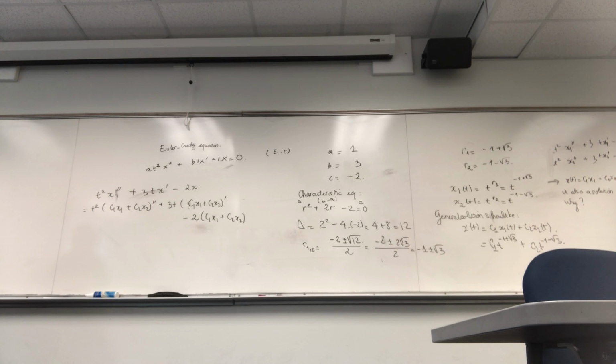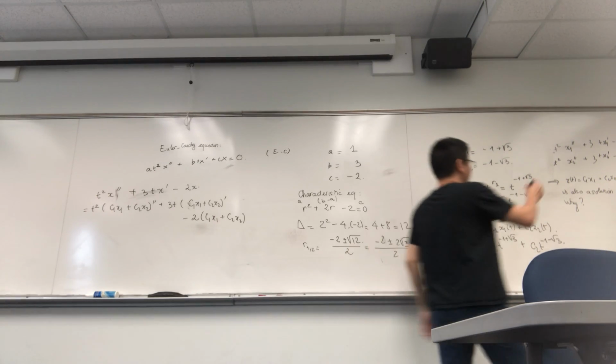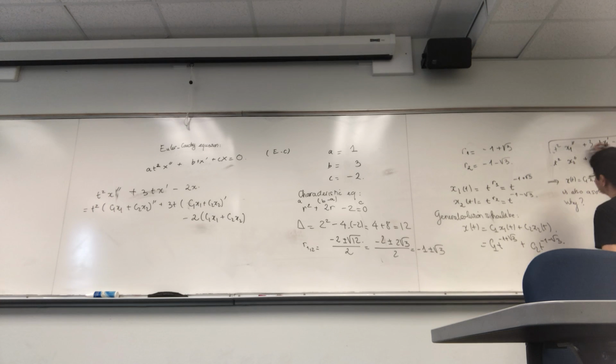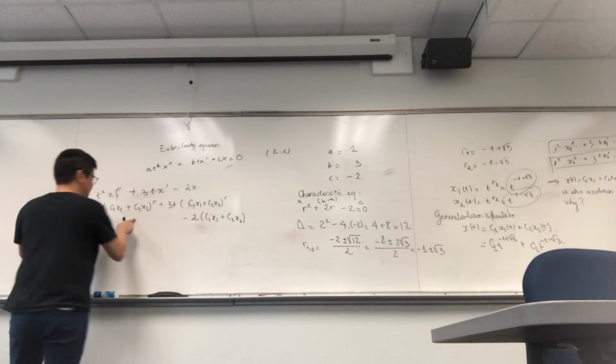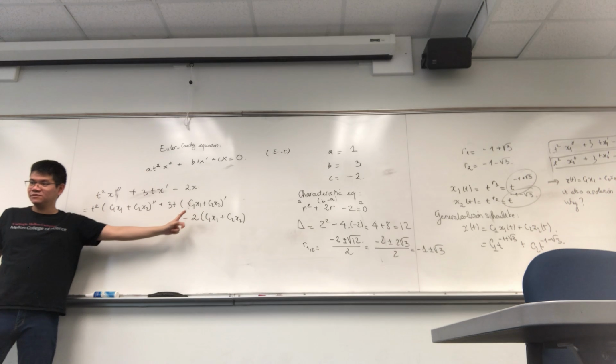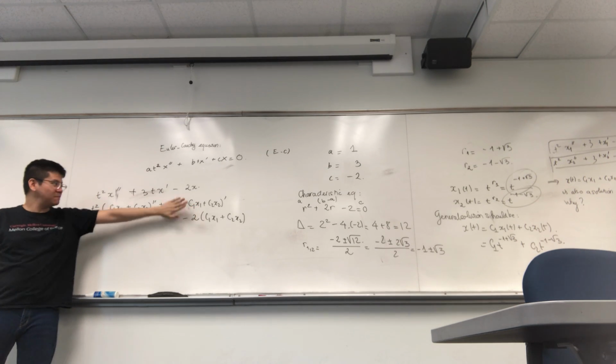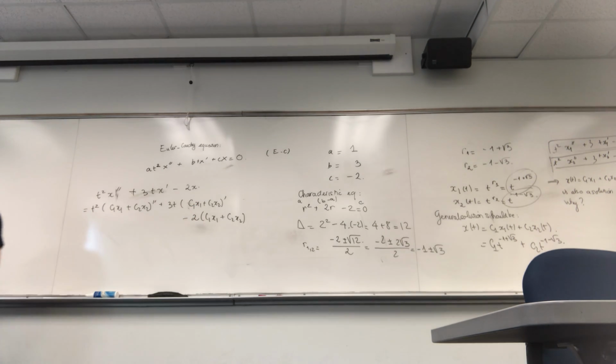So can someone explain it clearer for me? Why is it 0? I know this is 0, because this is one solution. I know that this is also 0, because this is the second solution. But I said that if I combine them, c1 x1 plus c2 x2, and I plug it into the equation, I also have 0.